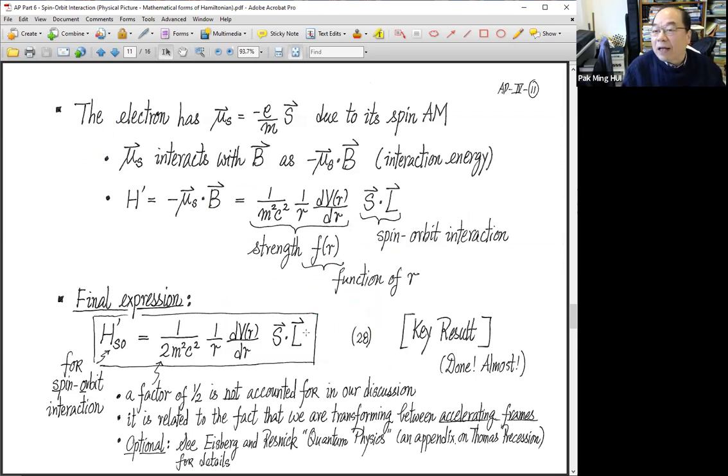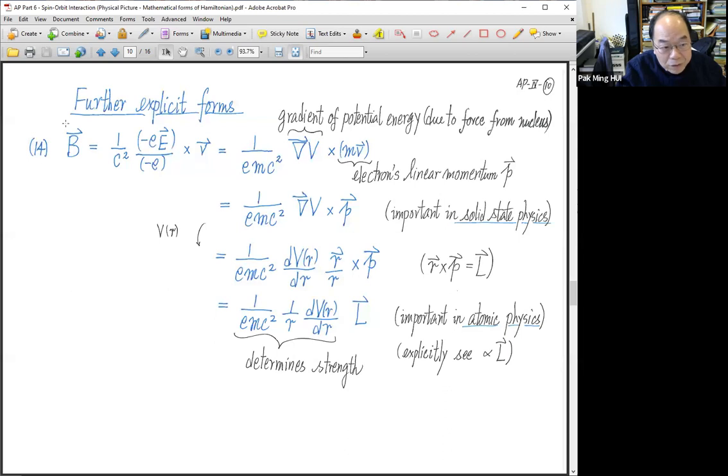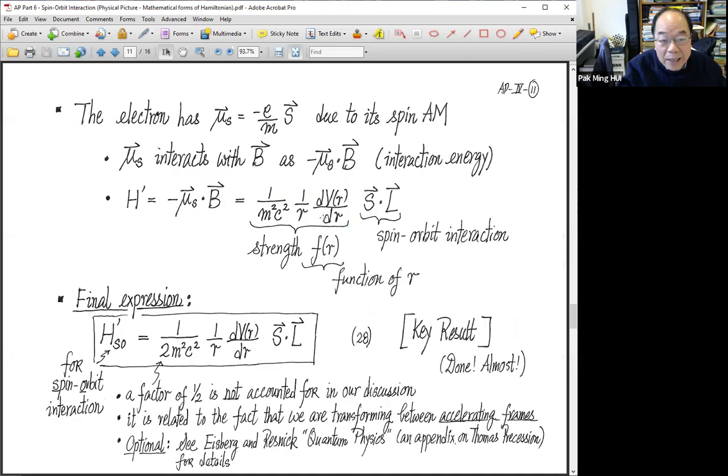So let us get into the Hamiltonian, okay? This internal B field will be turned into minus the magnetic dipole moment of spin. We call this the spin magnetic dipole moment. Therefore, you plug it into the internal field.